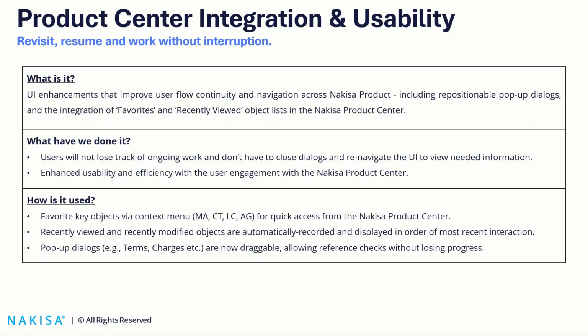So, you can favorite key objects via the context menu for all the objects: master agreement, contract, lease component, and activation group, for quick access from the Nakisa Product Center. As well, recently viewed or recently modified objects are automatically displayed in order of your most recent interaction. If you need to go back and see where you were working, you can continue your work faster by accessing the recently viewed objects.